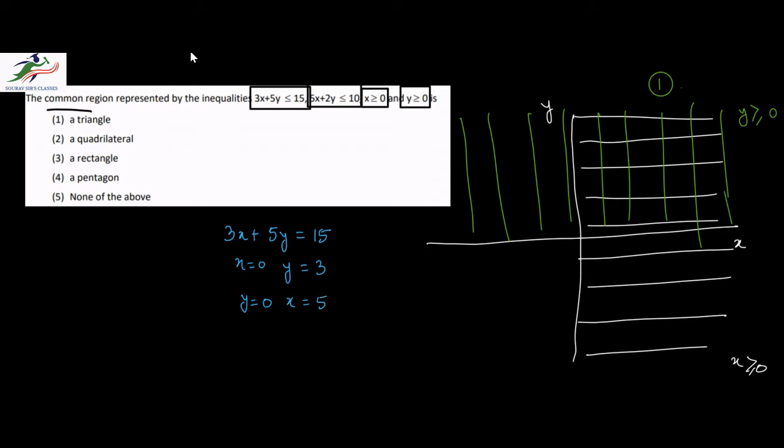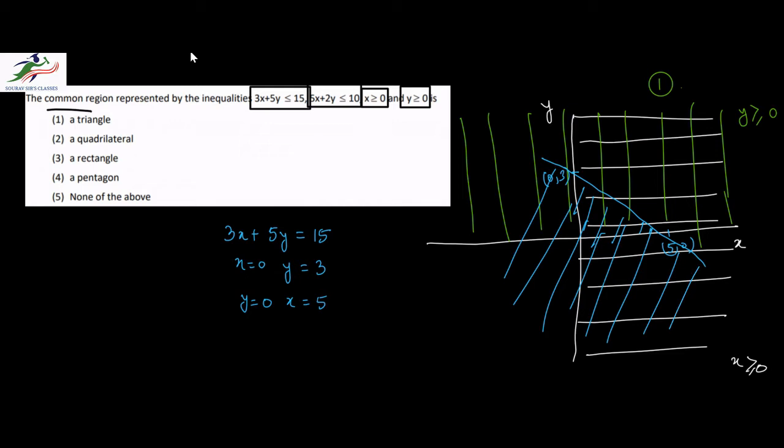So 0, 3 and 5, 0 are two points, and the line will pass through them, and the area we are talking about would be all the area lying below this line.